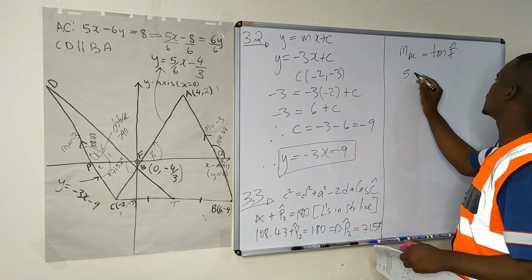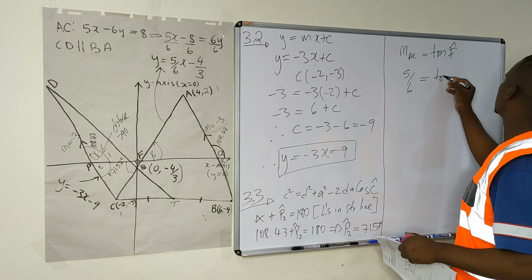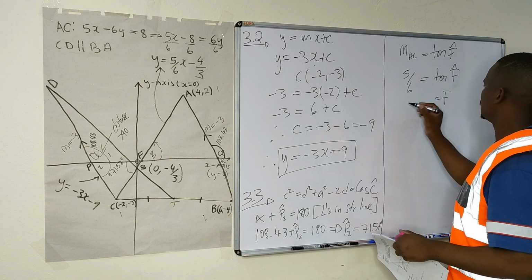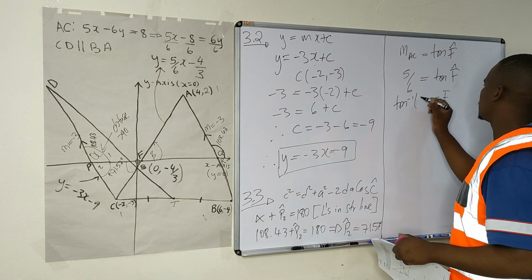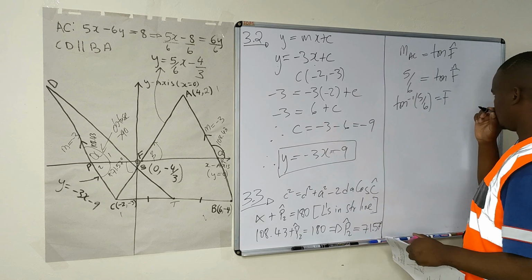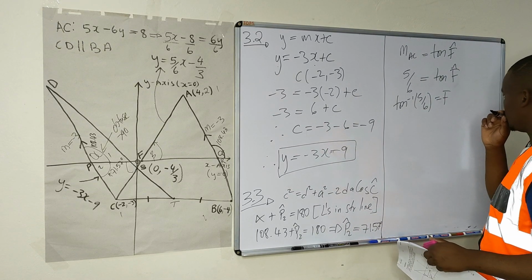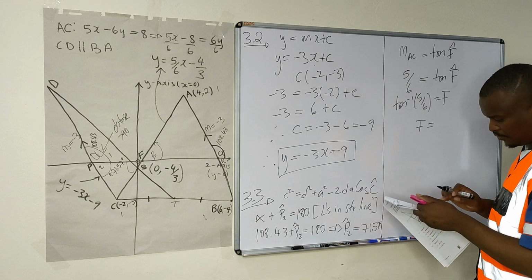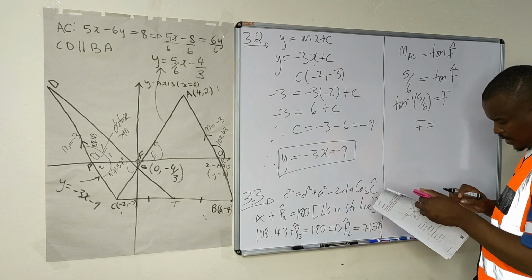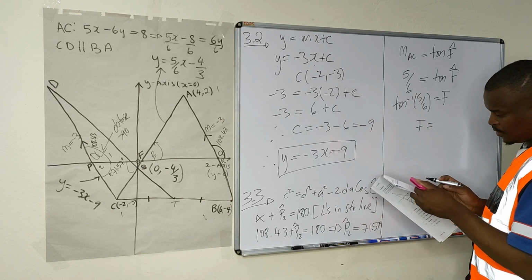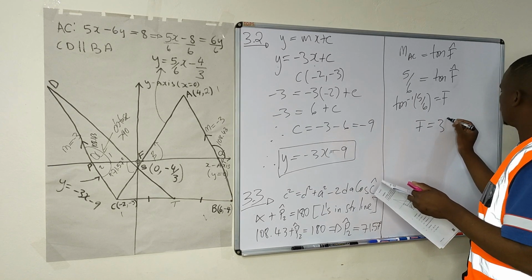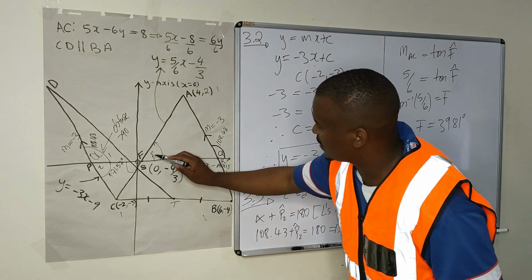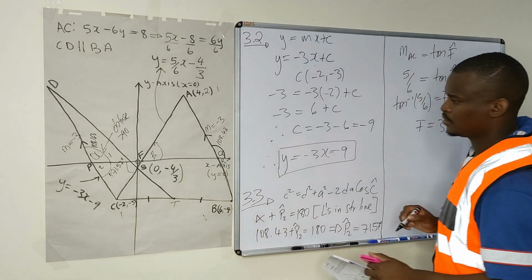It's 5/6, so 5/6 is equal to tan F. So F is equal to arctan 5/6, which is 39.81 degrees.